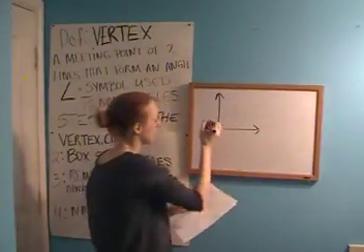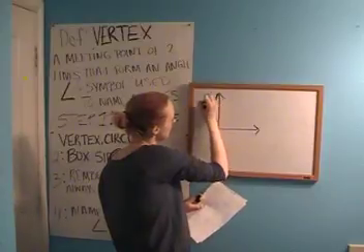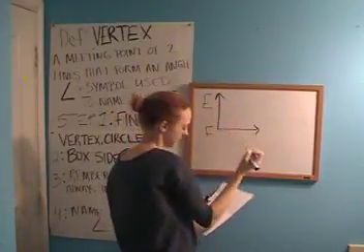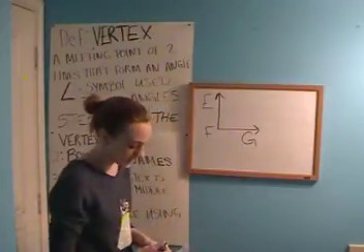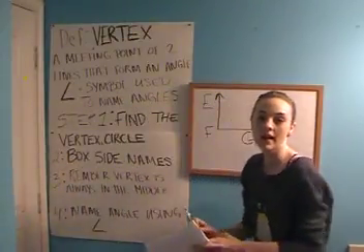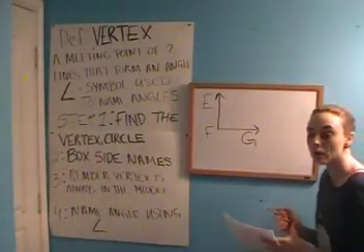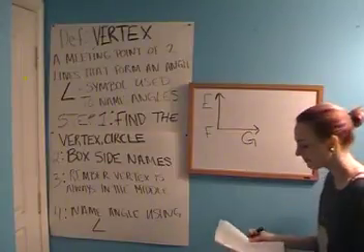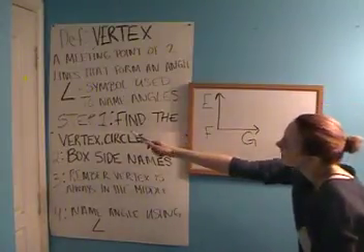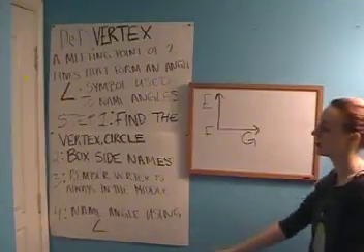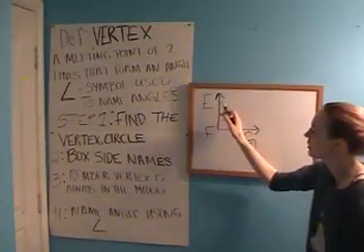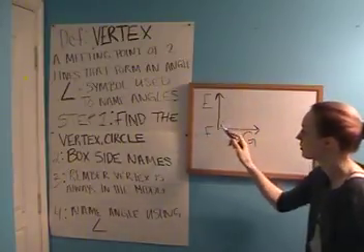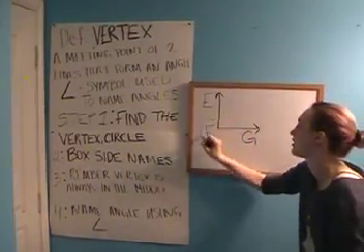This one's going to be point E, this is going to be point F, and this is point G. Alright? So, let's go over our steps another time. The first step is to find the vertex and circle it. We know that the vertex is where 2 lines come to a point, so we know that that's F.